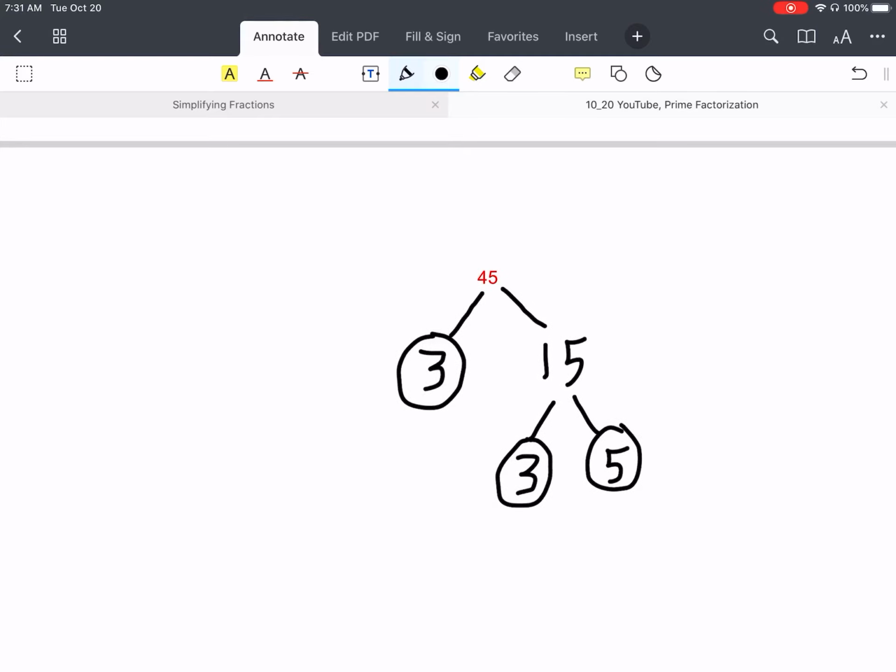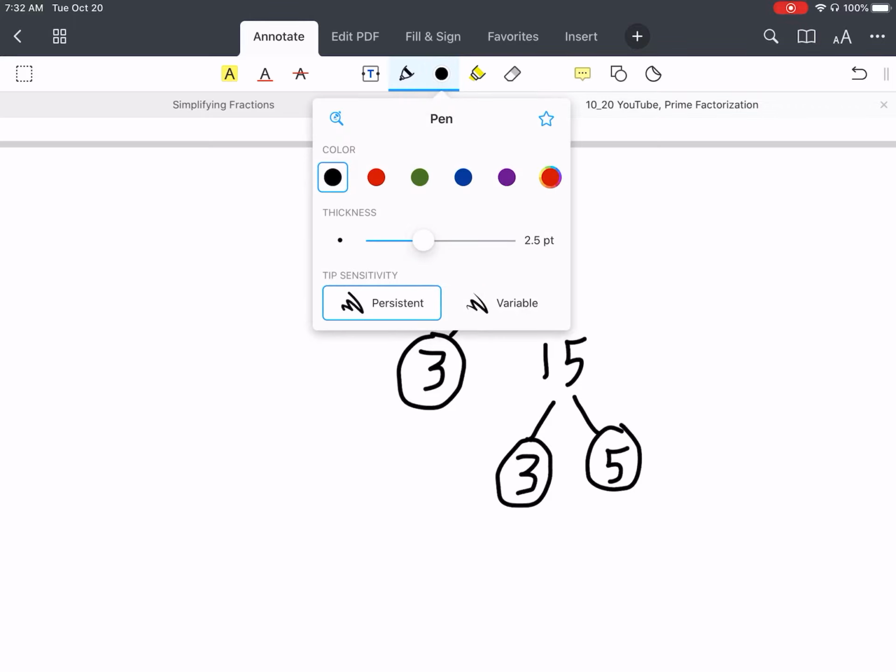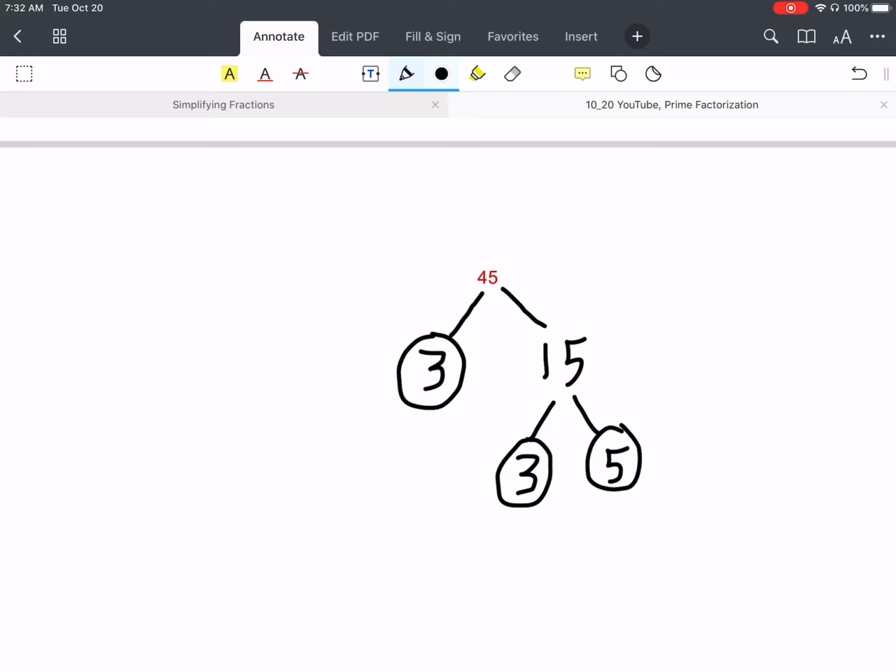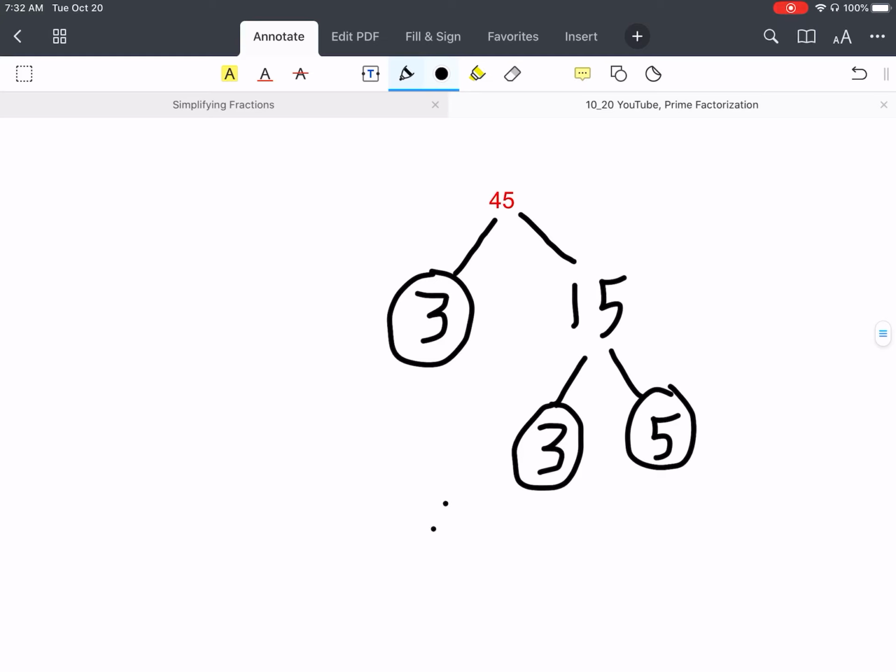So my factor tree is done because I have numbers circled throughout the bottom, and I'm writing from least to greatest. 3 times 3 times 5.